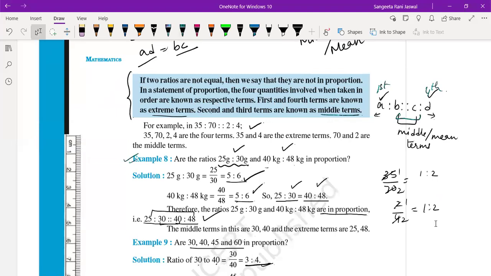Okay, good. So how do we write the ratios 25:30 in proportion with 40:48? Okay, like this. This is the way we should write them.